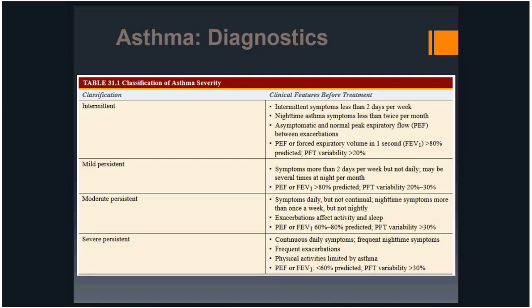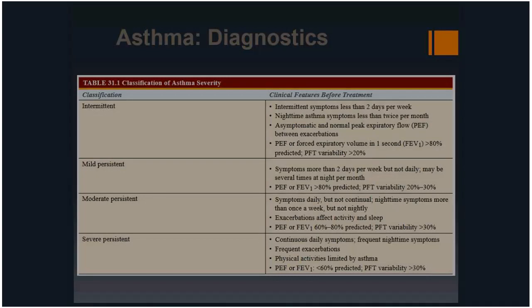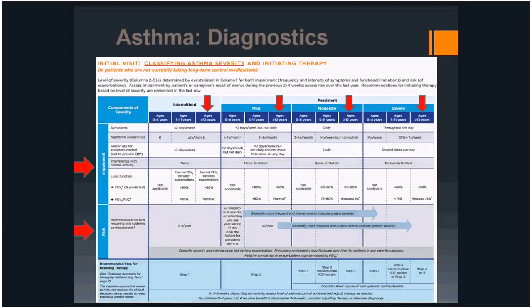And it also shows you underneath that how often are they waking up at night, how often are they using their rescue inhaler, are they having any interference with normal activity, and it also looks at their lung function measurements, which would be the FEV1 based on the percent predicted, as well as the FEV1 FVC ratio.